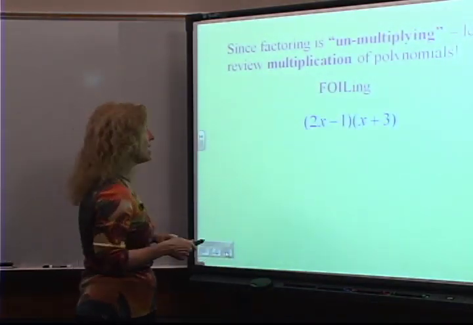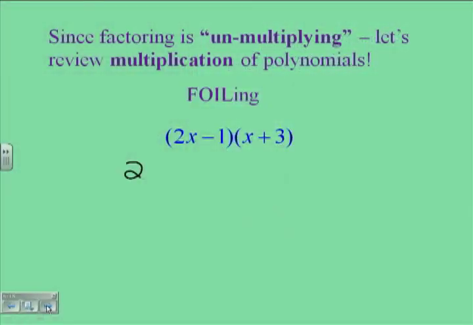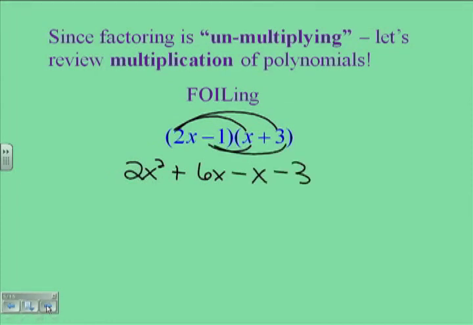We're going to FOIL again. 2x squared, first times first. Outers is plus 6x. Inners minus 1x, and last times last minus 3. Again, we're going to combine these middle terms and we get 2x squared plus 5x minus 3.